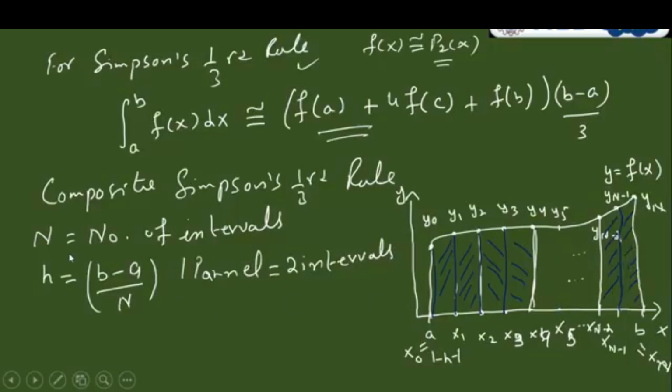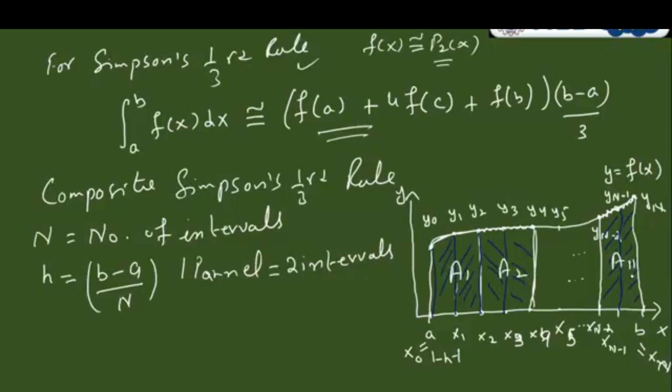But to implement one-third, we need to consider two intervals together to have one panel, and in each panel I will apply Simpson's one-third rule. So I'm going to apply Simpson's one-third in this panel, in this panel, and in this panel. So in this way, I will get the area under each panel, and then I will sum up all the areas. So this will give me area 1, this will give me area 2, and this will give me whatever area.